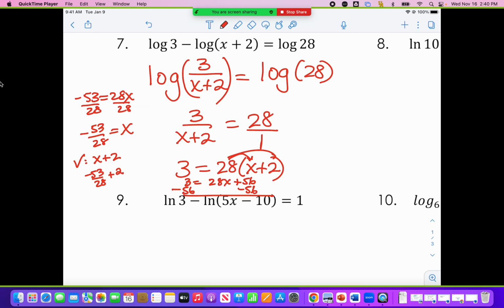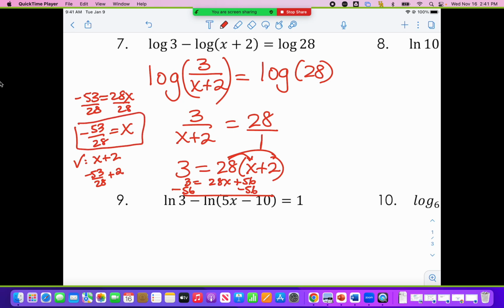Cooper, what do you think? 53/28 is less than 2. Yeah, how do you know 53 over 28 is less than 2? Because 2 would be 56/28. Awesome. Okay, 56 over 28 would be 2. So this is just under that, so this answer works.